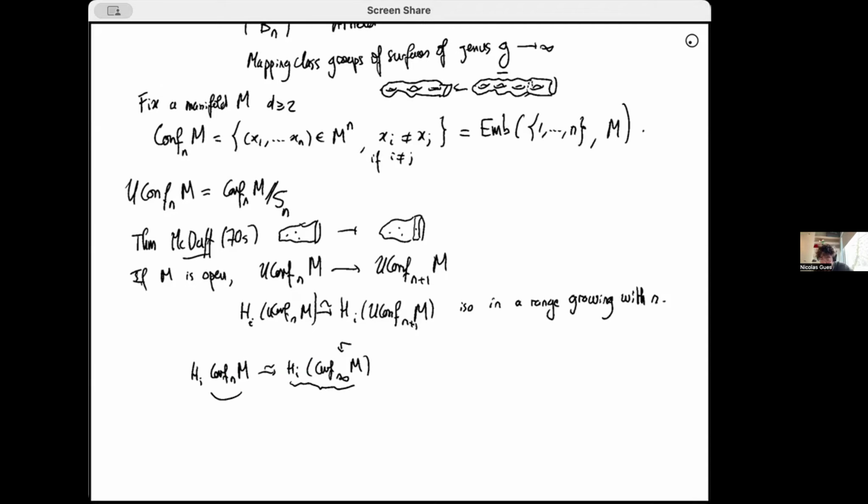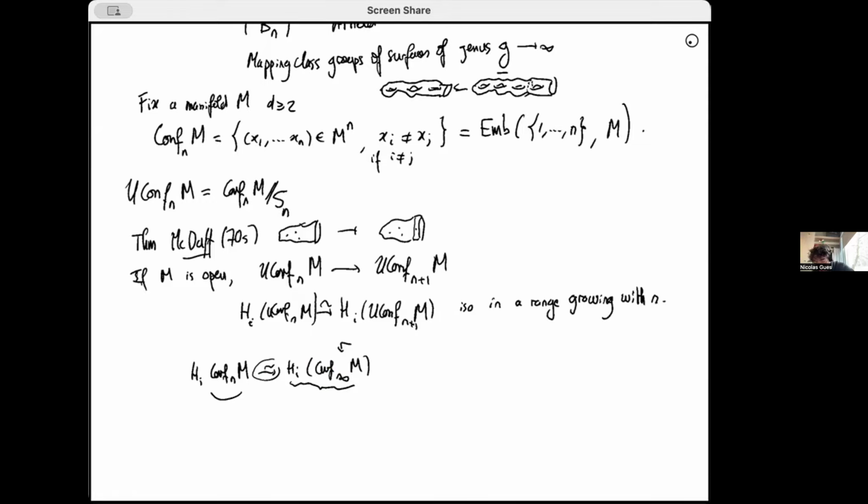Another, orthogonal thing people think about is understanding the stable homology, so the homology of the colimit of these spaces. But today I will mainly try to prove the homological stability theorems or related things.